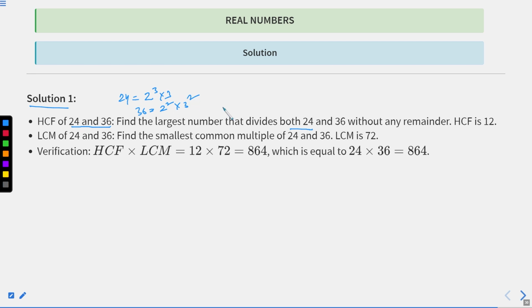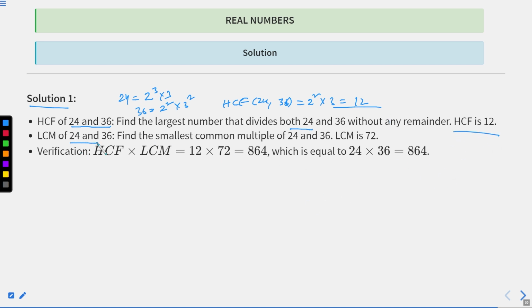So the HCF of 24 comma 36 is the product of the lowest powers of the common prime factors, that is 2 square into 3, which is equal to 12. So the HCF is 12.